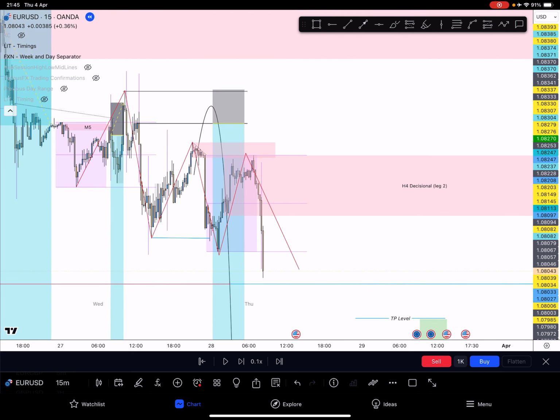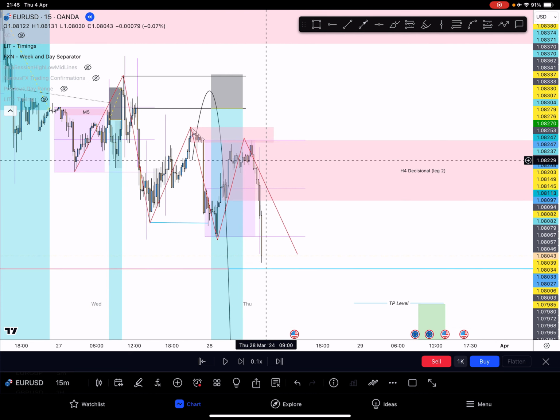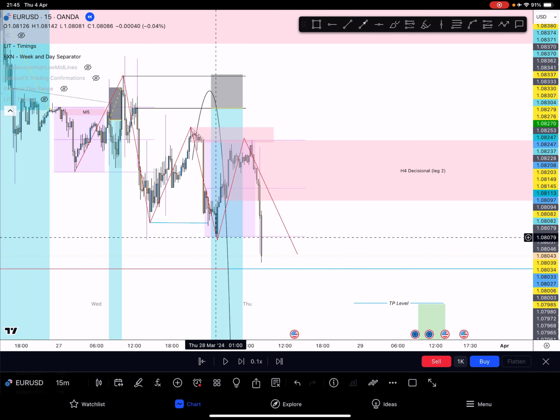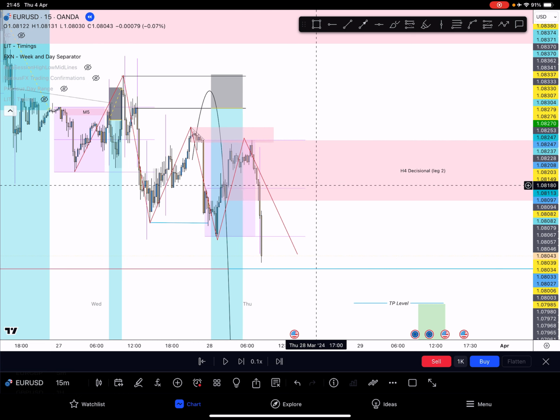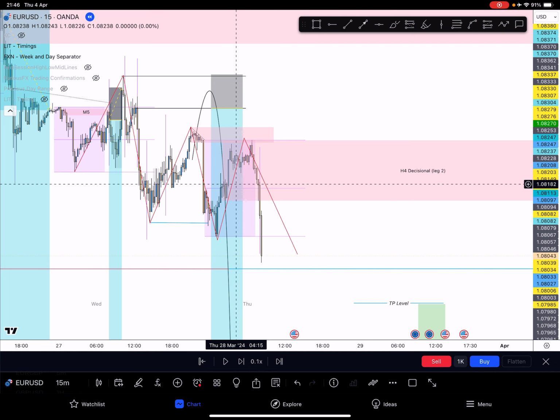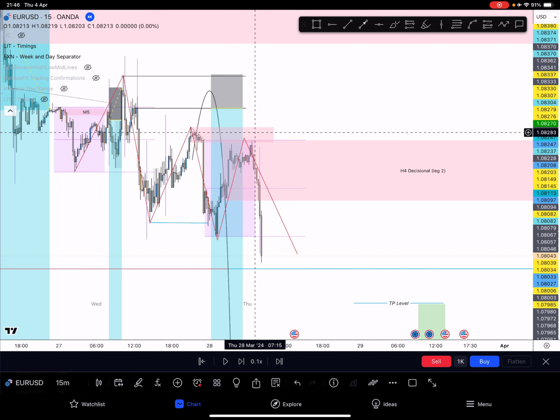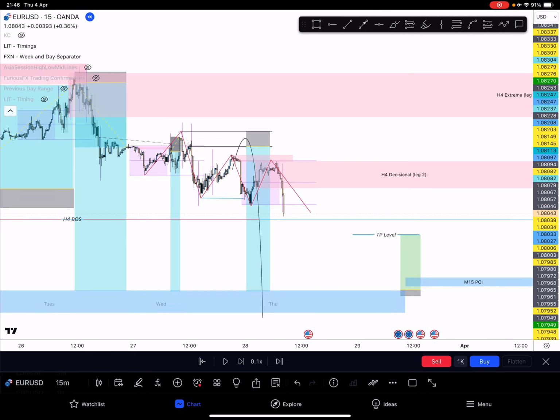I would probably still have missed this trade even with this break, because I would still consider this as liquidity, given the fact that Asia is just sitting up here. But if Asia was not sitting there, I would have probably taken a position there.